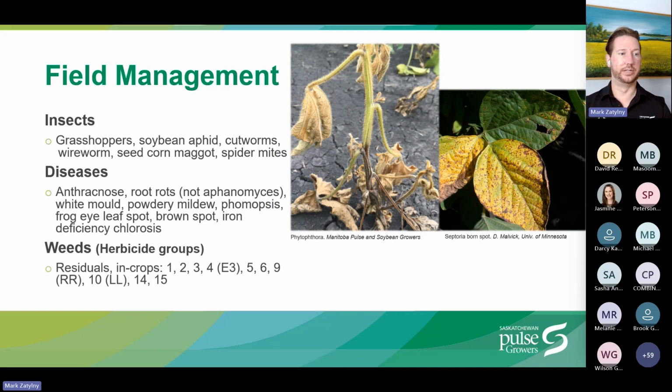There are a couple that are primarily impacting soybeans. That includes that iron deficiency chlorosis that can show up in the fields depending on the environmental conditions. And then for weeds, there's lots of different options. It's pretty open there for what growers need to utilize.